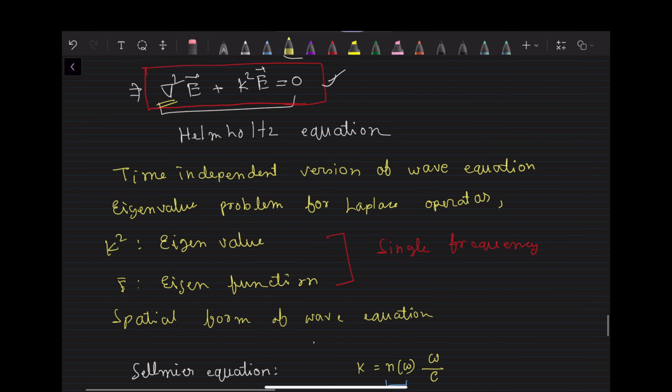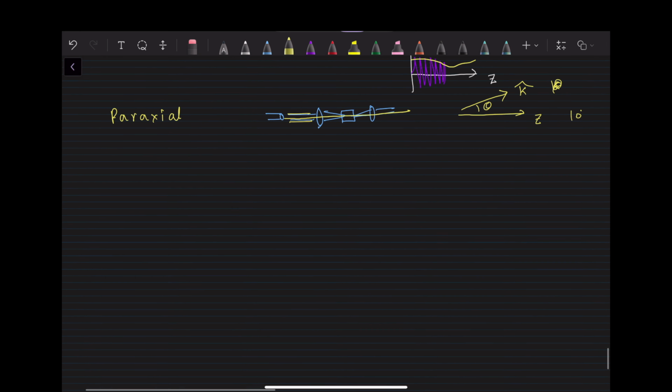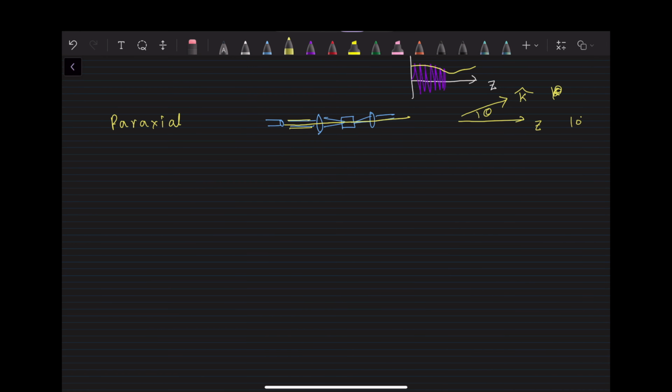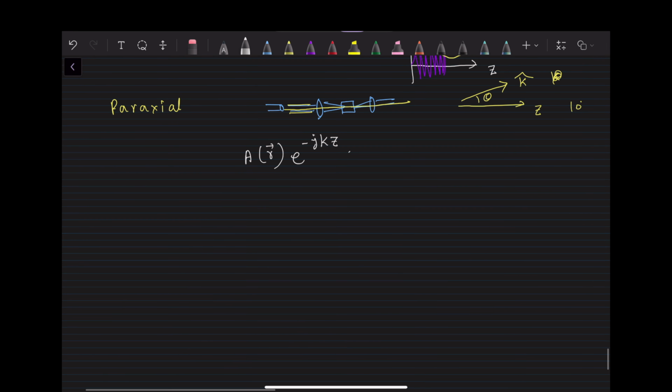It's an eigenvalue equation in terms of the spatial term. So our function will be something of this type, and we want to introduce this in the Helmholtz equation, right? The Helmholtz equation is very important because a lot of its solutions we'll be using later.